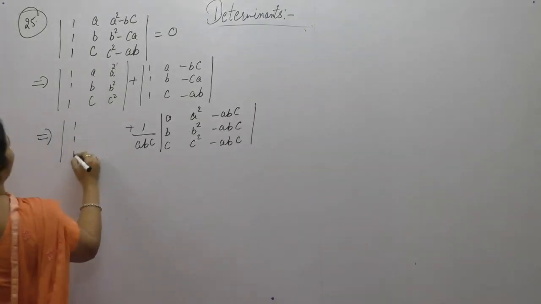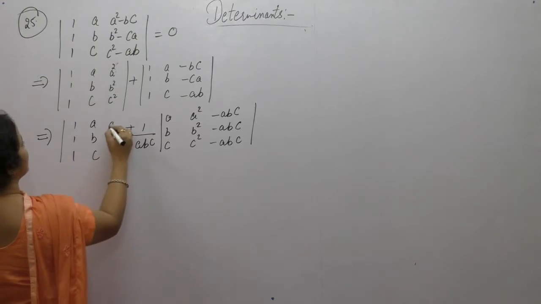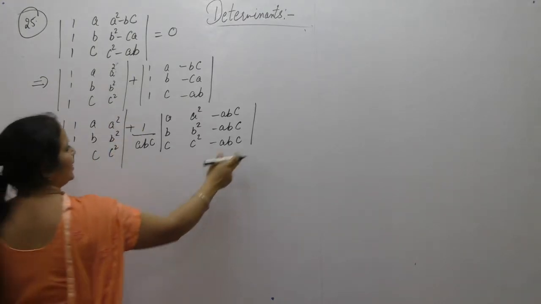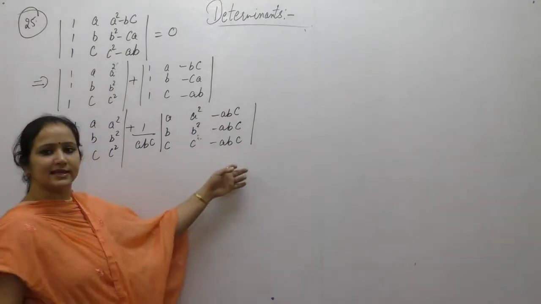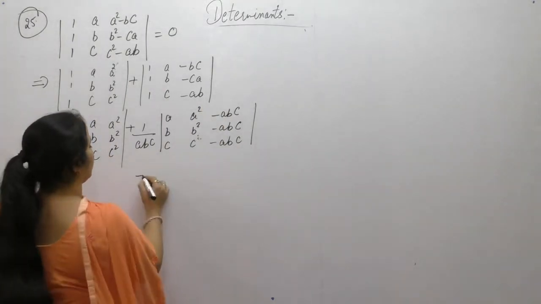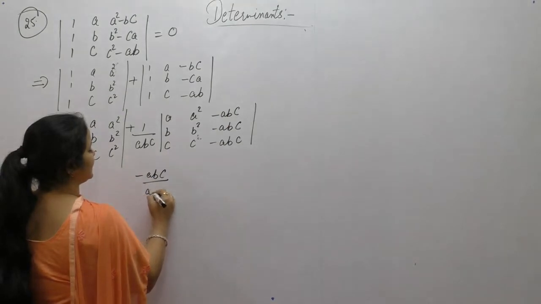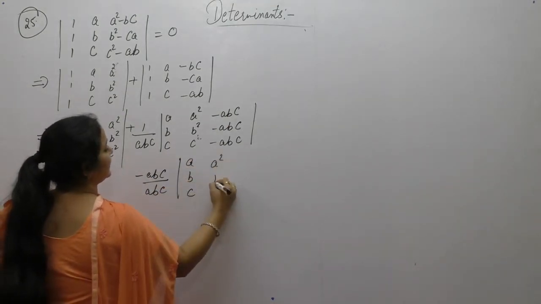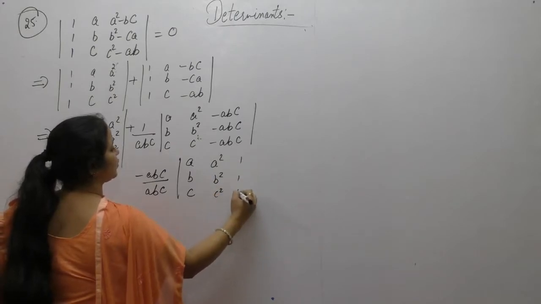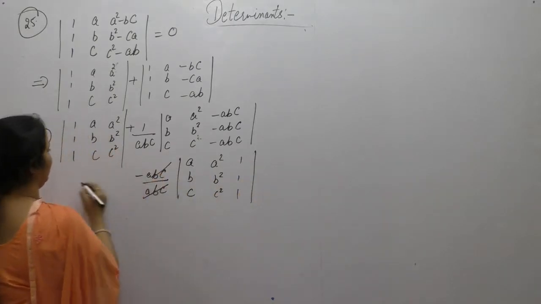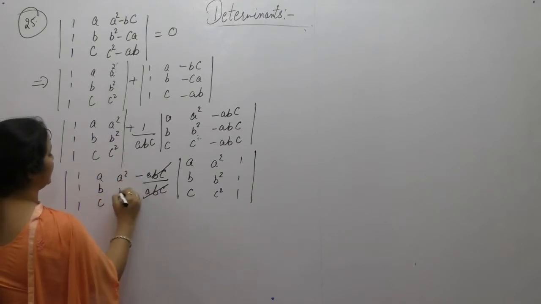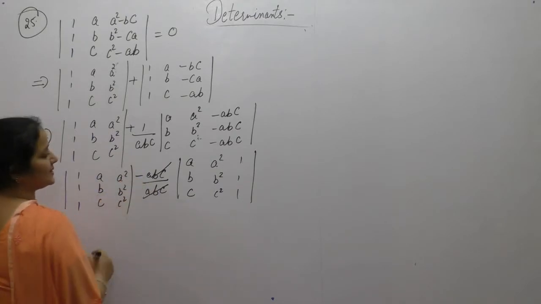So 1, 1, 1, a, b, c, a square, b square and c square. Now take minus abc common from the third column. So minus abc upon abc, the determinant 1, 1, 1, a, b, c, a square, b square, c square.